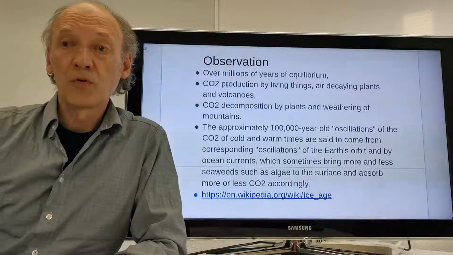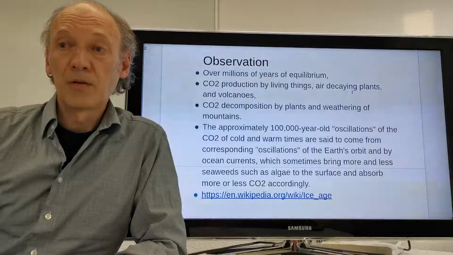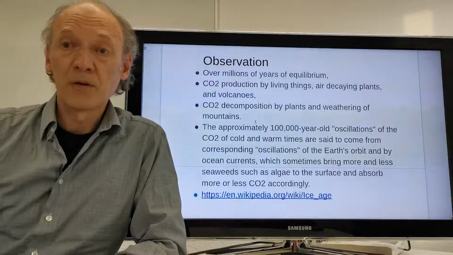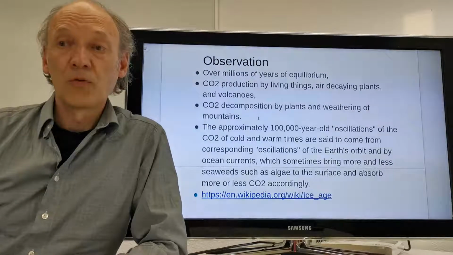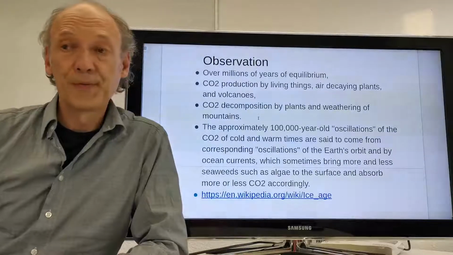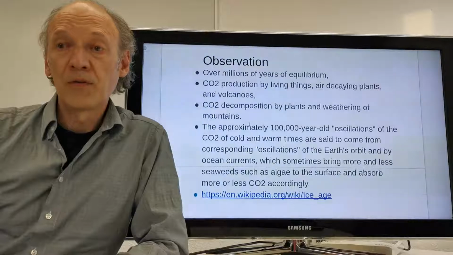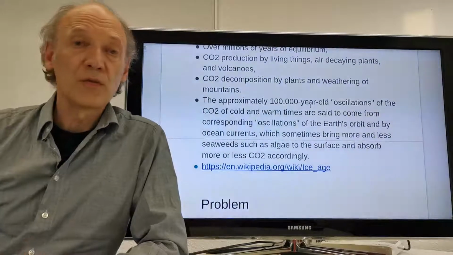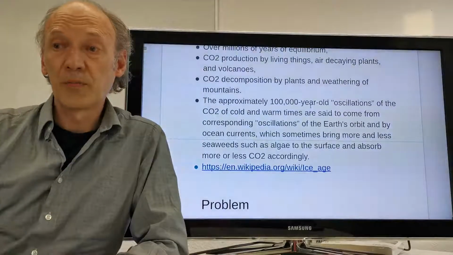Basically, we have CO2 production by living things, decaying plants and volcanoes, and then we have CO2 decomposition or absorption by plants, and also weathering of mountains, which absorb CO2. And then we see these approximately 100,000 year oscillations of the CO2 between ice ages and warm times.